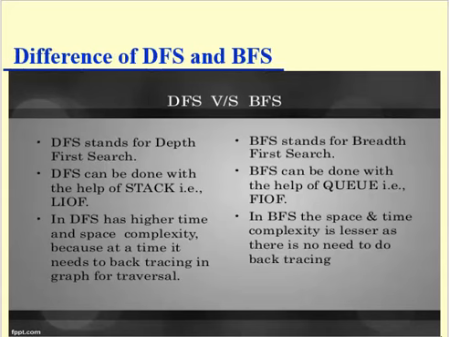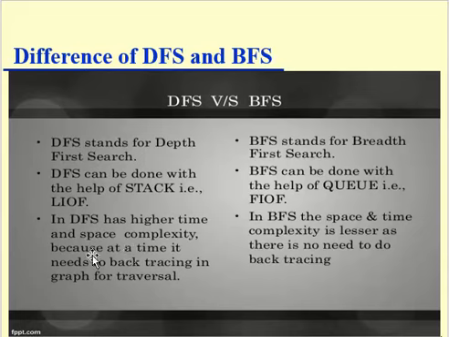Next is, what are the differences between DFS and BFS? DFS stands for depth first search. BFS is breadth first search. BFS can be done with the help of a queue, and DFS can be done with the help of a stack. Now in BFS, the space and time complexity is lesser as there is no need to do backtracking.